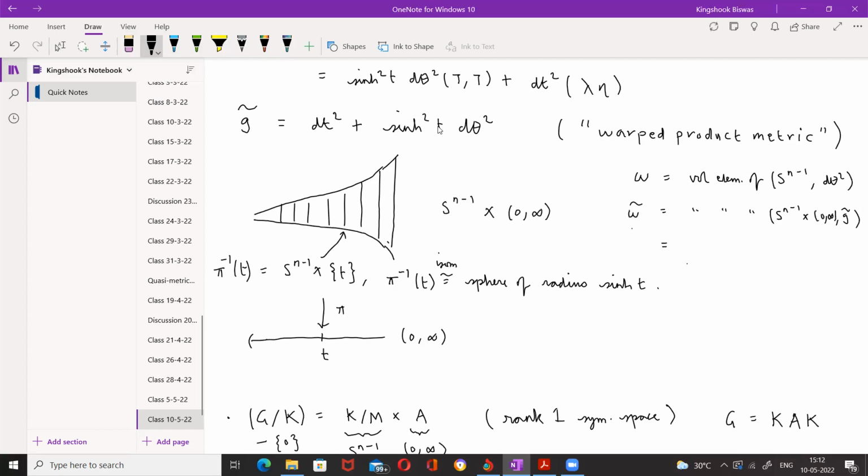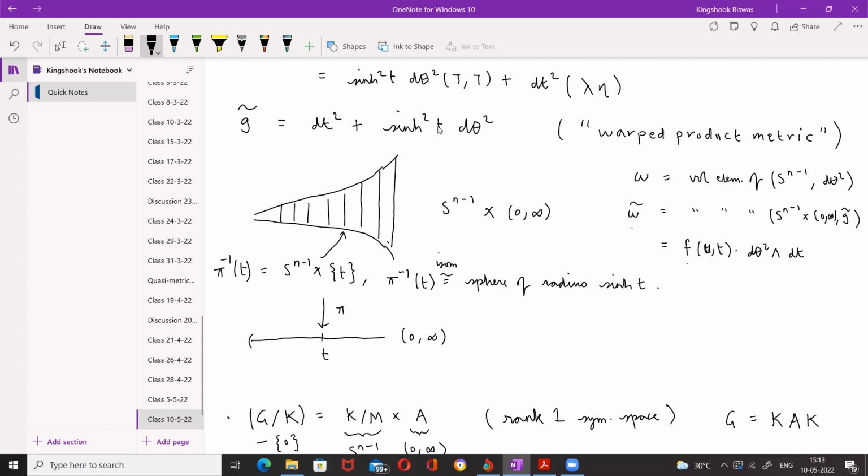so what should it be? Basically, it's going to be some function f(ut) times dθ² wedge dt, because this is a top degree form, right?